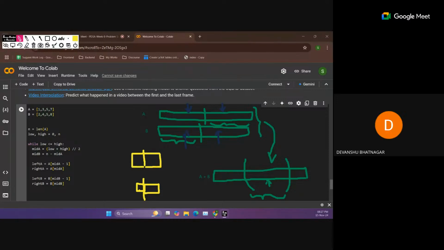Why? Because they are the only middle elements; when A and B are merged, they will be coming in the middle. Okay, you said left of B and right of A, right? Yes, ma'am. Okay, let's consider this.